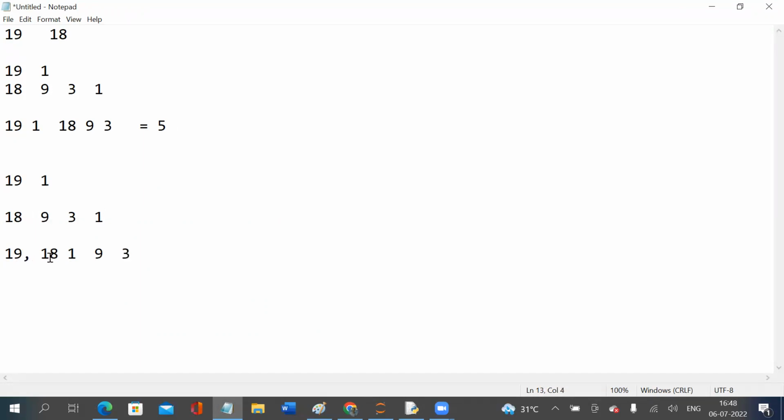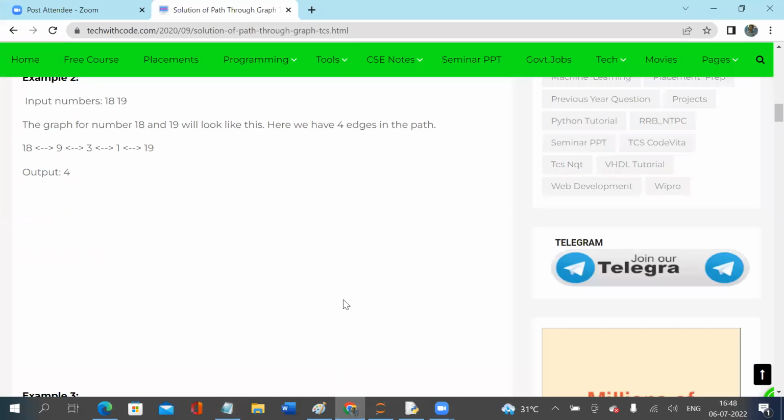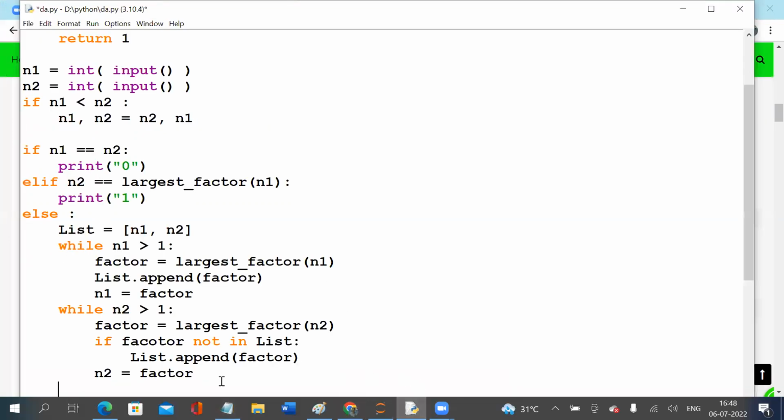This is the list. What is the size of the list? 5. And what is the answer expected? 4. So what do you print? You print the length of the list minus 1.